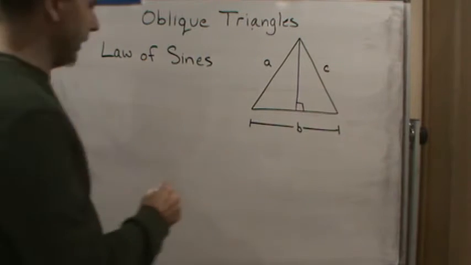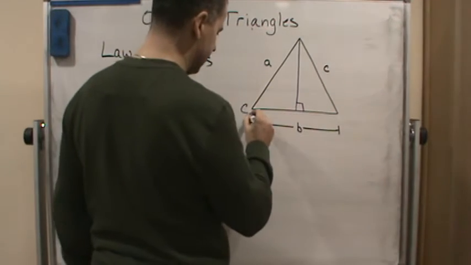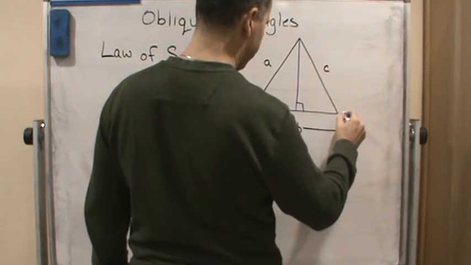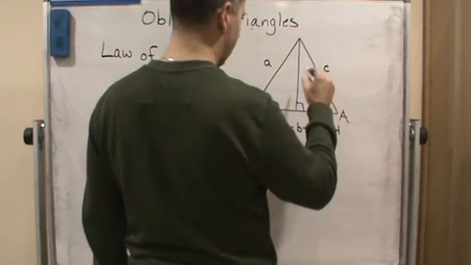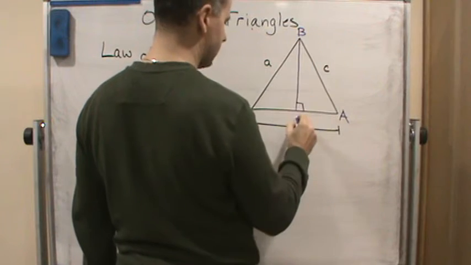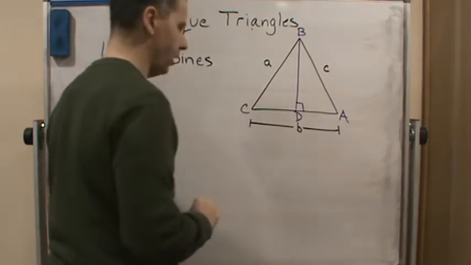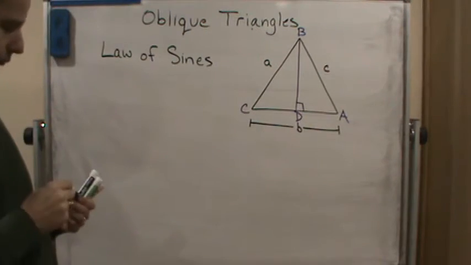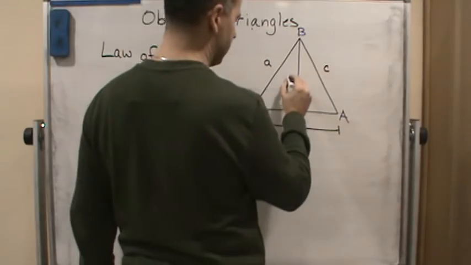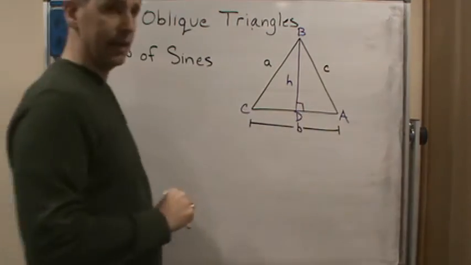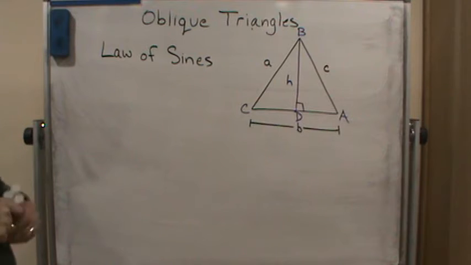Let's label each of the corners. Let's call this C, this A, this B, and this D. And let's call this distance H. Since this is an altitude, it's the height of the triangle.